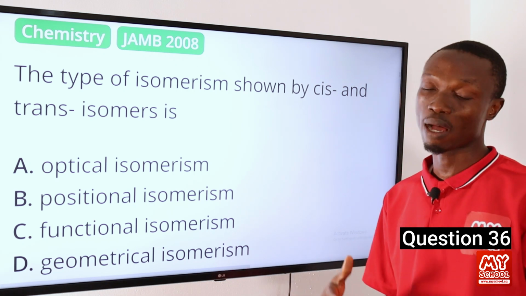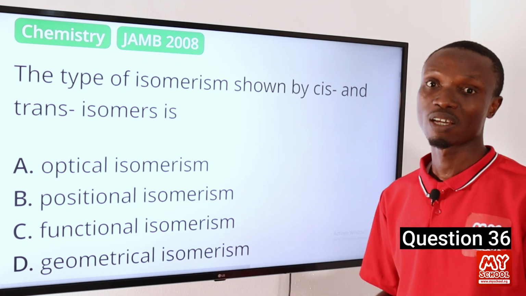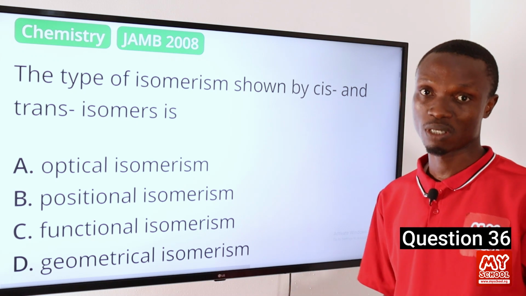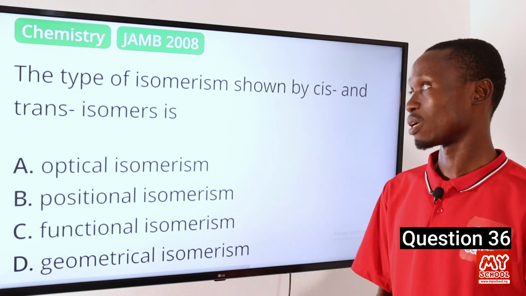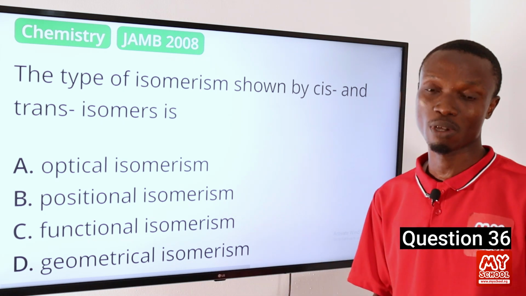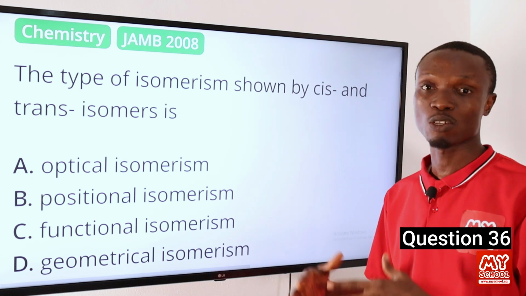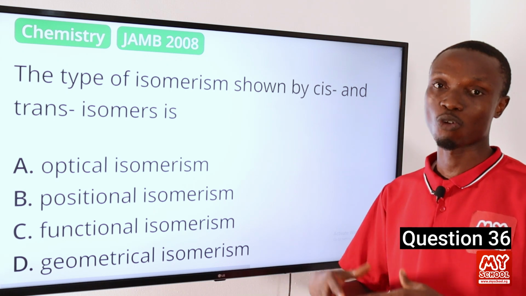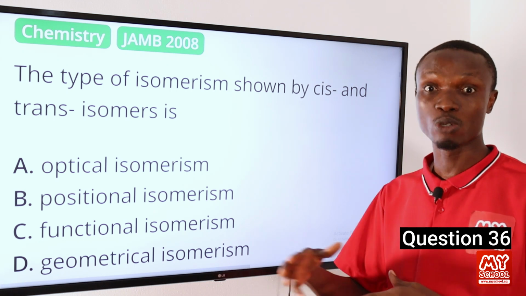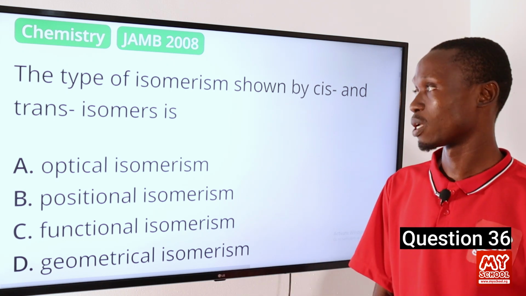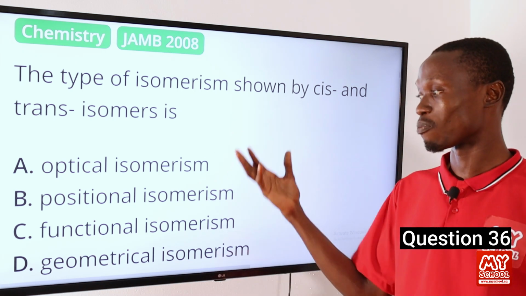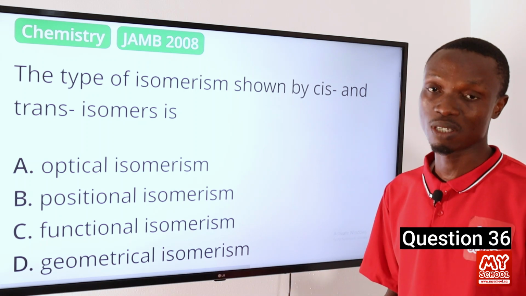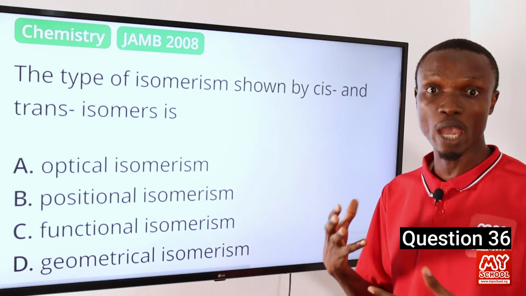Geometrical isomerism is also known as trans and cis isomerism, and it is a form of stereoisomerism. This form of stereoisomerism occurs when atoms are restricted from rotating around the bond. And a good example of a compound that exhibits this form of geometric isomerism is your but-2-ene.